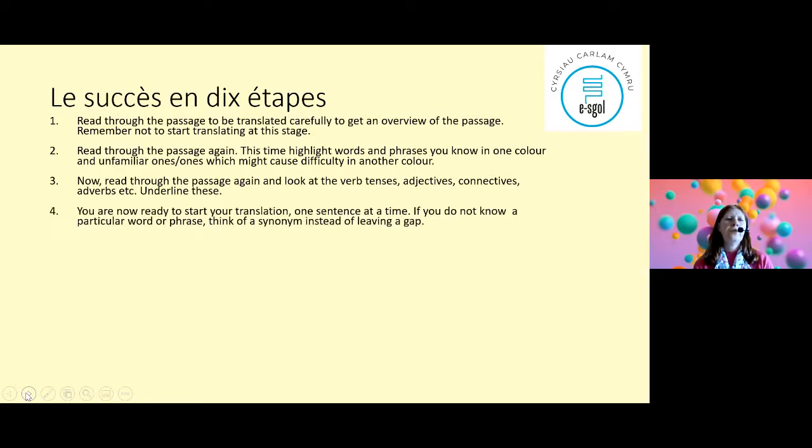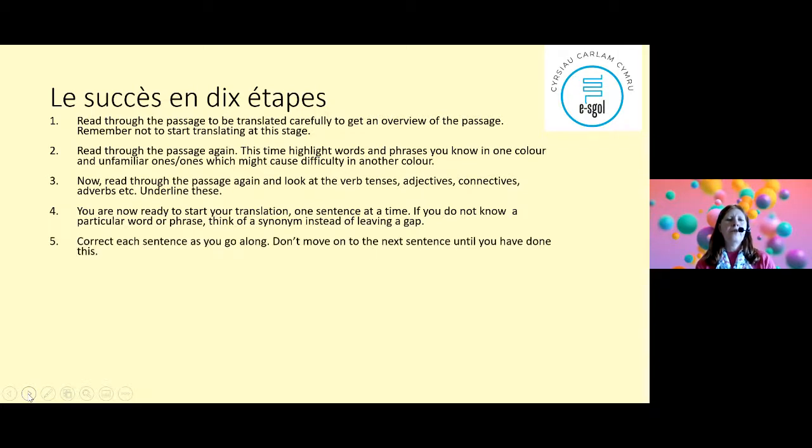Number 4, you are now ready to start your translation, one sentence at a time. If you do not know a particular word or phrase, think of a synonym. So that is a word with the same meaning instead of leaving a gap.